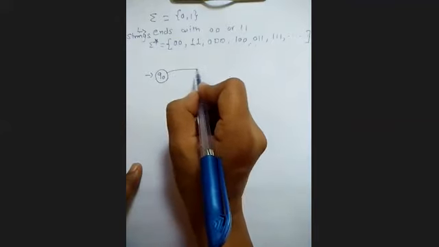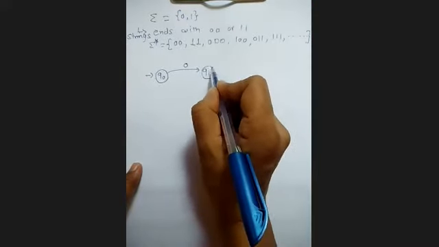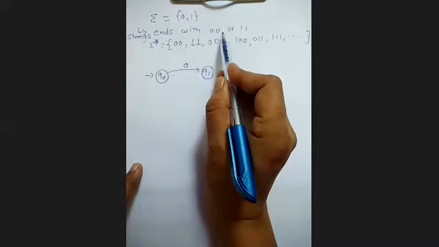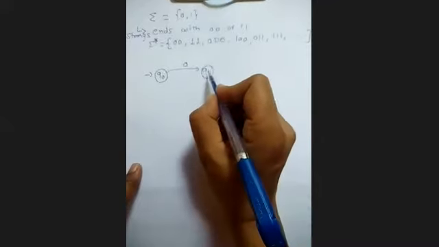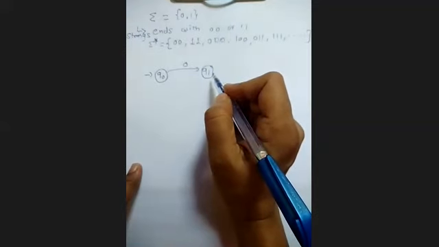On 0 from Q0, you need to create a new state because we want to check for 0 0, correct? So let us consider this case first, 0 0. So from Q1, what should we do? Should we create a new state?